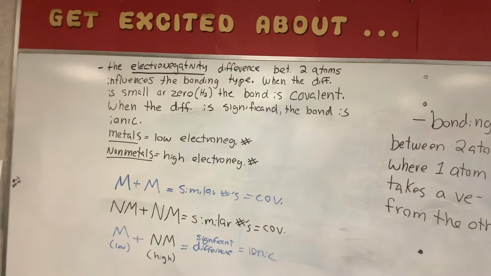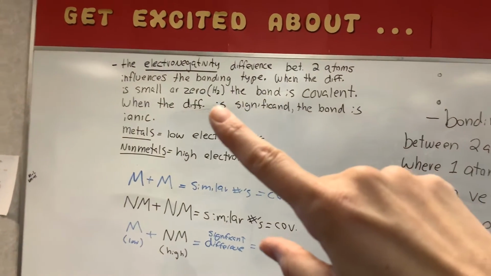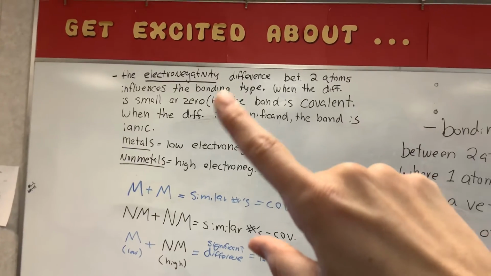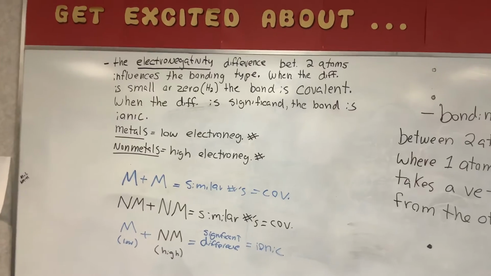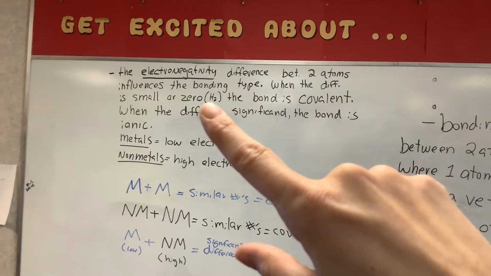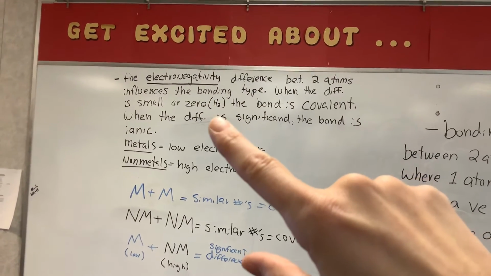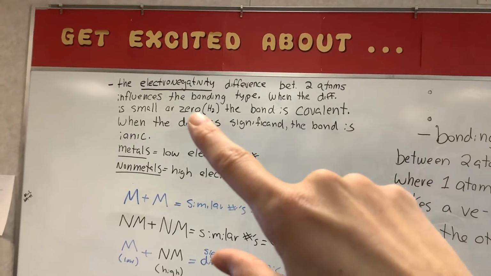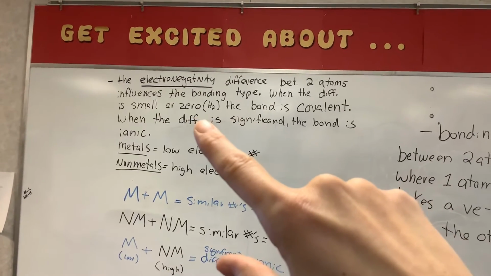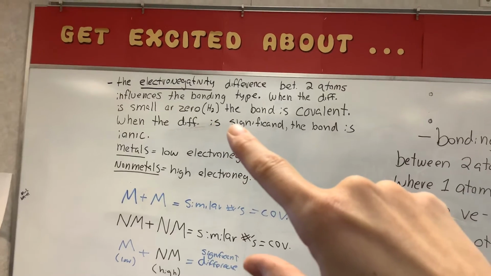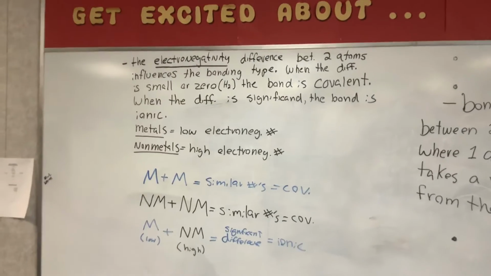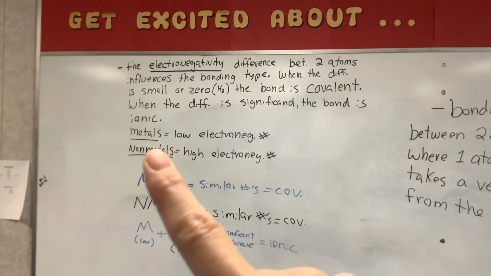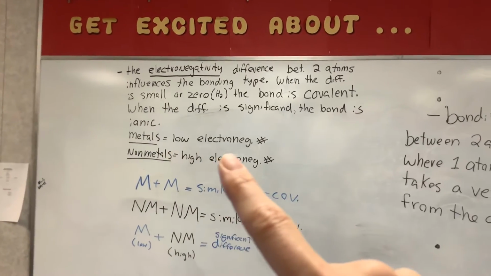So small difference or no difference. So remember, if you have a number, so say if the electronegativity of hydrogen is like 5.5. If H2 is your compound, H bonded to H, 5.2 minus 5.2, there's no difference. The difference is 0, okay? So metals are in generally low electronegativity.